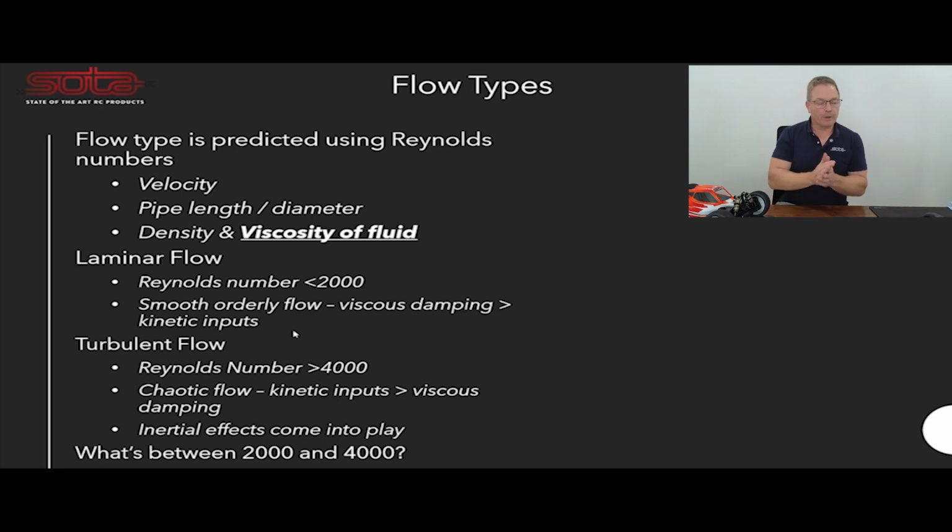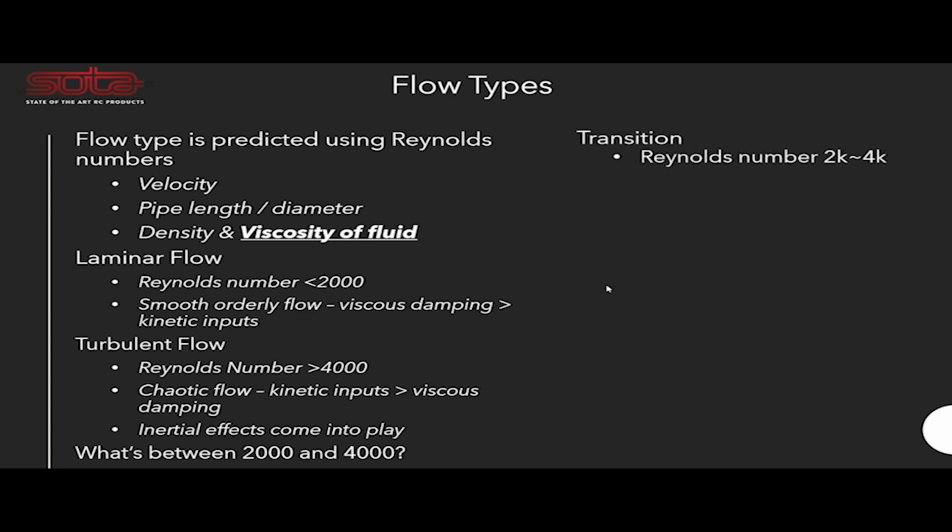All right, so for those who look at those two numbers, you go, well, hang on a second, you've got 2000 here and you've got 4000 there. What's in between? Good question. Going from laminar to turbulent is just not a flick of a switch. It's not instant. It needs time to transition. Now, transition is a Reynolds number of 2K to 4K. It doesn't mean it is eventually turbulent.